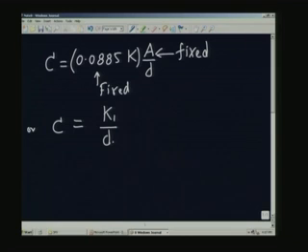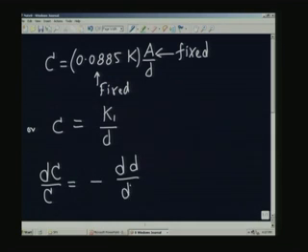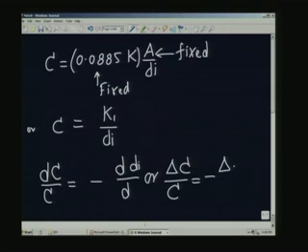And therefore, for the change in the capacitance, I can use logarithmic differentiation which we have been using earlier also. So, dC by C equal to minus dD by D. So, maybe I should say Di, so that the differential symbol and the distance you do not get confused with each other, or I can write it as delta C by C, because we are going to talk about small changes in the value of Di divided by Di.